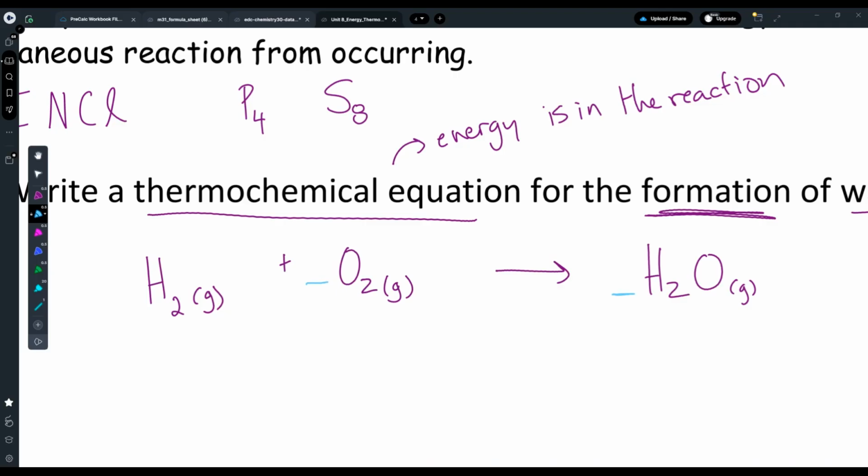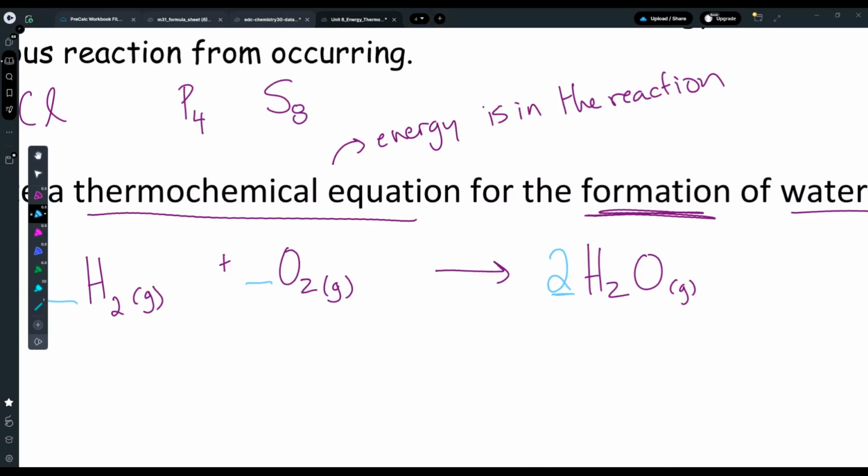Coefficients are the big numbers that come in front of each chemical species. Okay, you do not play around with the small subscript numbers in order to balance a chemical reaction. The subscripts are only there to balance ionic compounds.